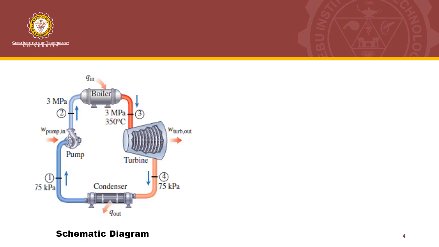That's why the work there is going inside, so it's work pump in. The difference between the two works is the net work. We also know from previous discussion that the difference between Q in and Q out is also the work of the cycle, or the net work.